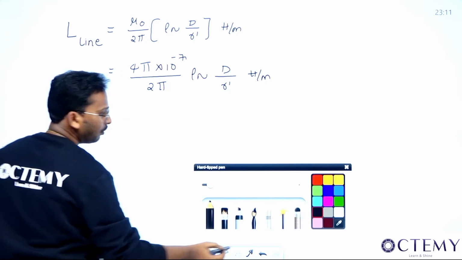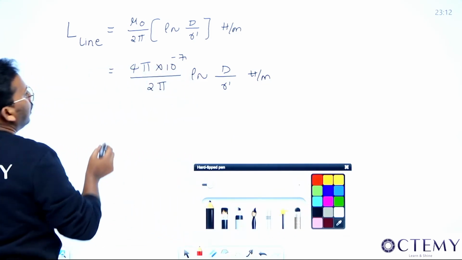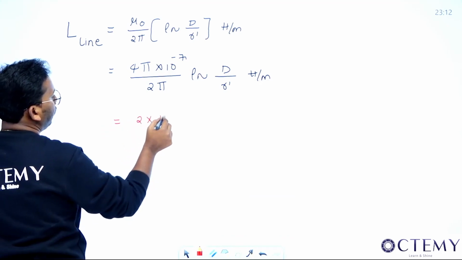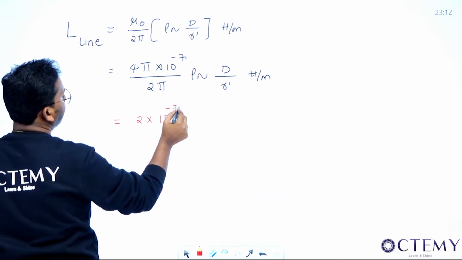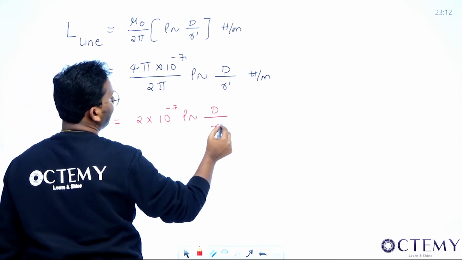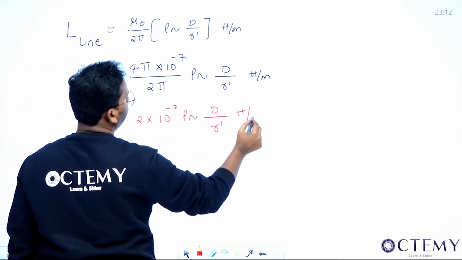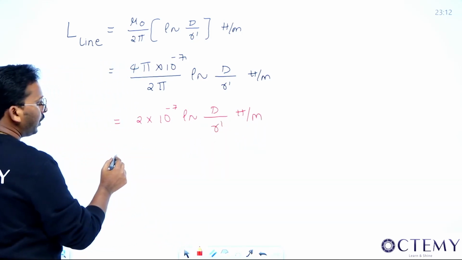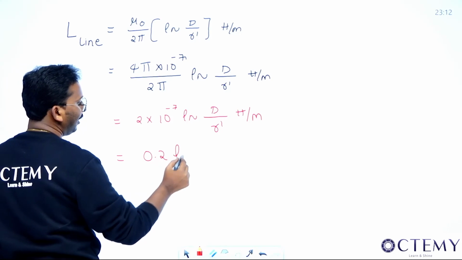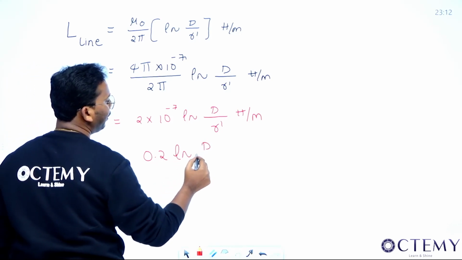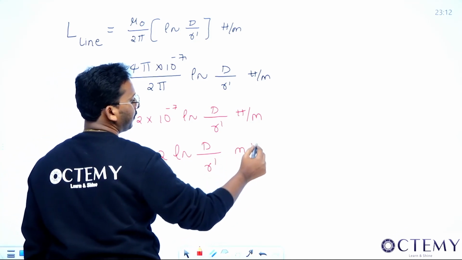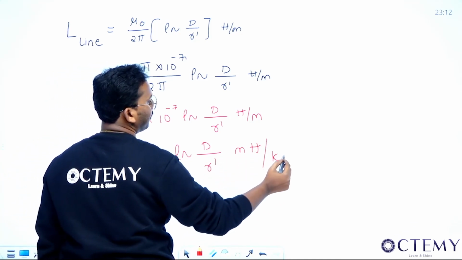Or the other way to remember this is 2 into 10 power of minus 7 ln d divided by r dash, Henry per meter. Or you can write this as 0.2 into ln d by r dash millihenry per kilometer.